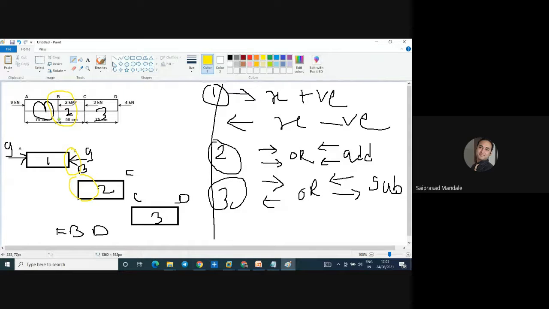Now here it is 2 kilonewton force which is moving towards left hand side or right hand side, or is it moving in the positive x-axis or negative x-axis? Negative x-axis. Clear? So how much quantity of the force do I have to add over here so that the addition of this B and this B will be -2.